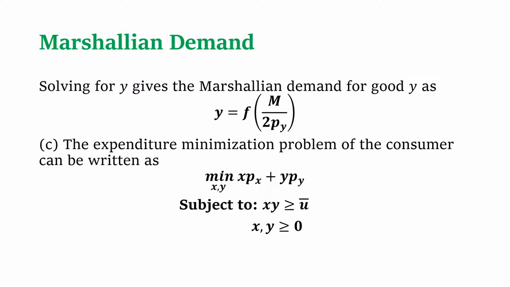So as the price increases, the demand for the good falls and vice versa. But the quantity varies positively with income. Okay.